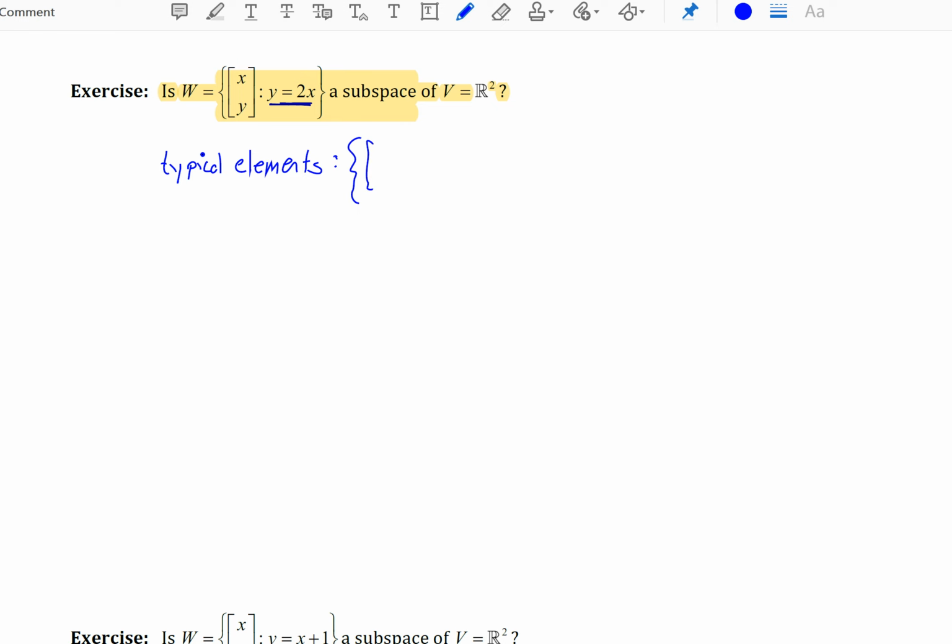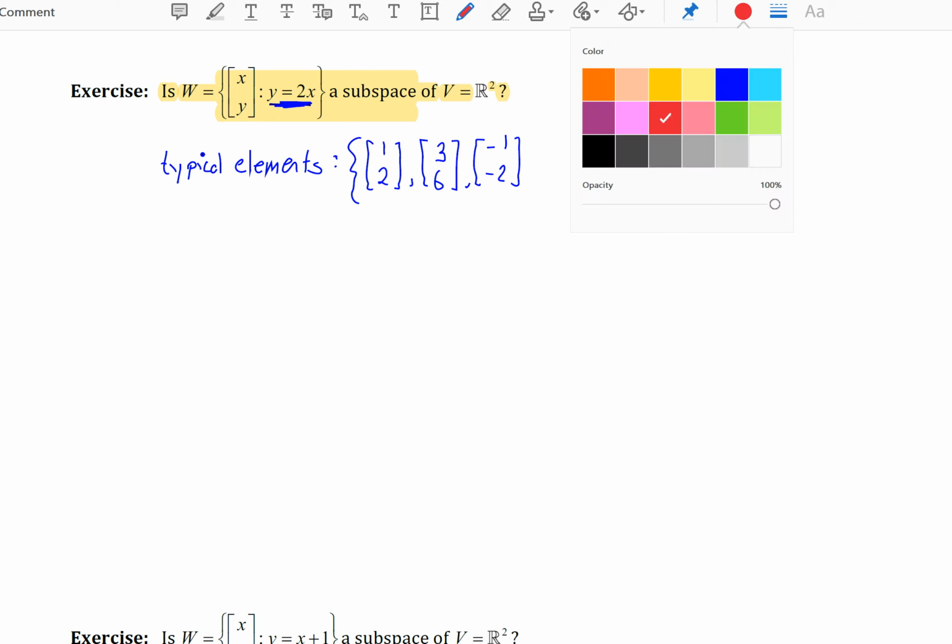So typical elements of W. Maybe if x is 1, then y has to be always double x. So y would have to be 2. If x is 3, y would have to be 6. If x is -1, y would have to be -2. Notice that I just showed the presence of a negative vector.